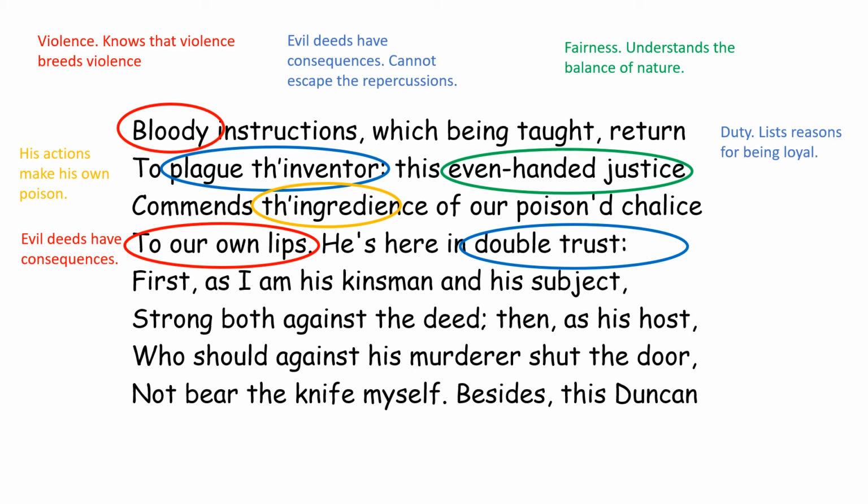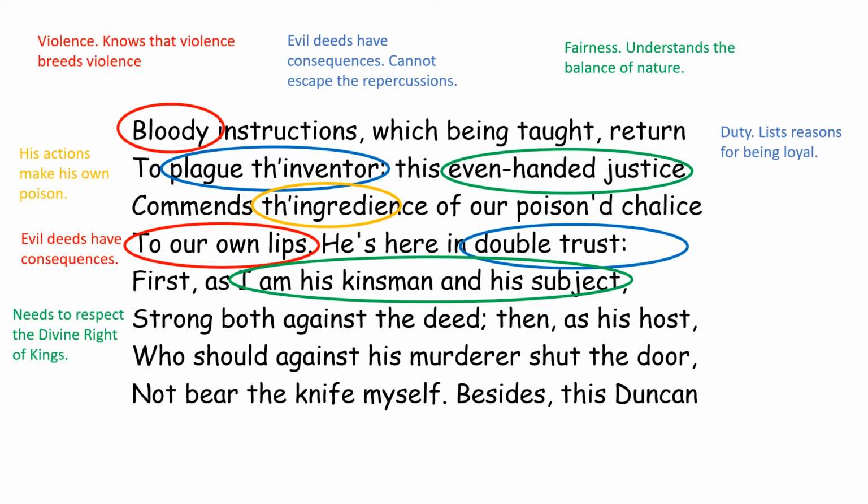So he's here in double trust. First, as I am his kinsman and his subject. Macbeth is very aware of the divine right of kings. He knows that the king is in charge of the country, and that right has been given to him by God. He knows that it is a crime to kill the king. He knows that you cannot attack the hierarchy above you.